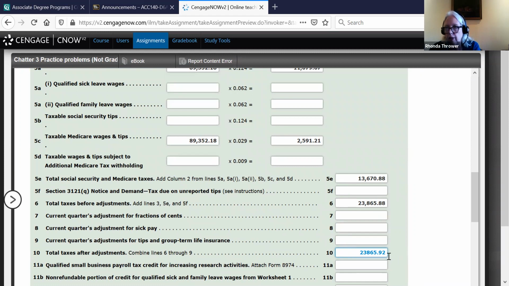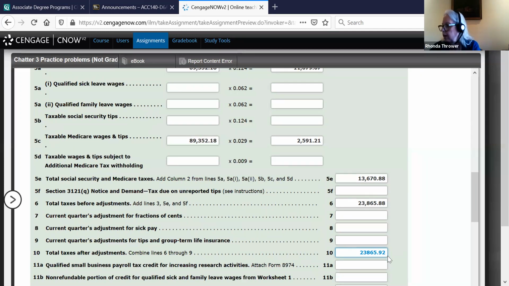Now notice that line 10 and line 6 do not equal. That's because there were some rounding errors. It was really close. This one has 92 cents on the end, and this one has 88 cents.